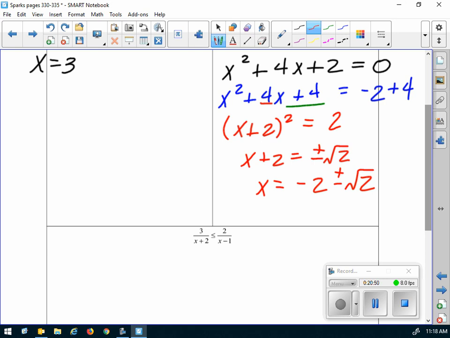Those are the x values that make that denominator equal to 0. You say, well, I don't know where to put those on a number line because I don't know what that is. That's why you have your calculator. What is negative 2 plus root 2? And what is negative 2 minus root 2? 3 decimal places. .586.